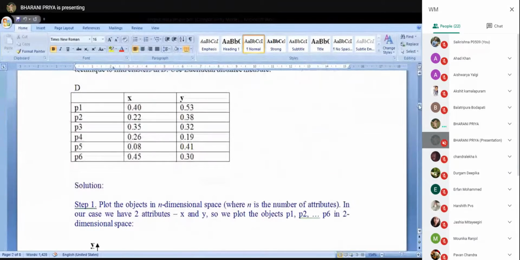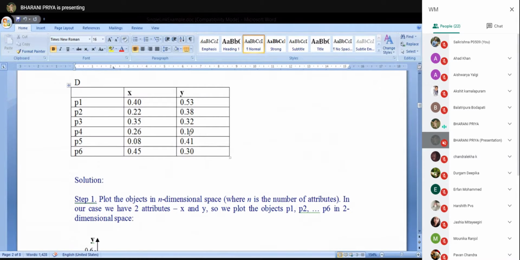These are the records, or set of examples, which have two attributes x and y with values. For single link clustering, plot all the objects of x and y in an n-dimensional space. As our table contains only two attributes or two variables, it is a two-dimensional plot.